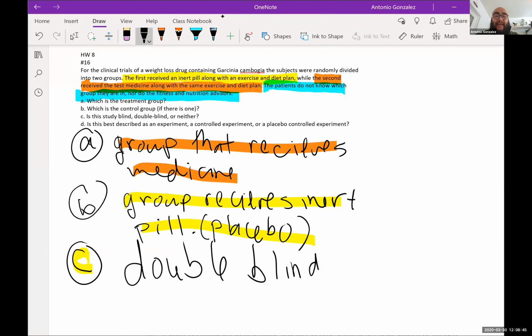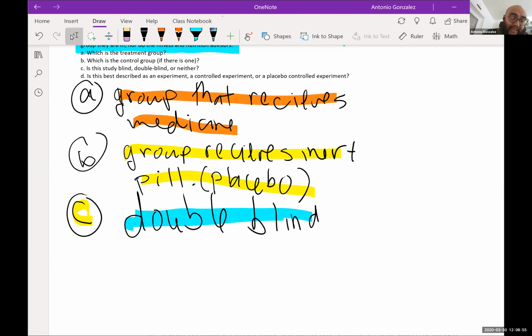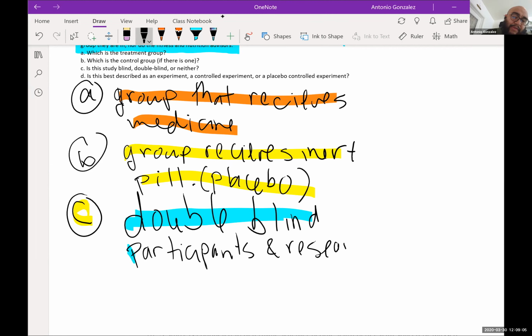But along with that, nor do the fitness and nutrition advisors. That last part is telling me that we actually have a double blind experiment, right? And the reason for that is not just the participants, and researchers, we'll just label them, do not know what group they are with.